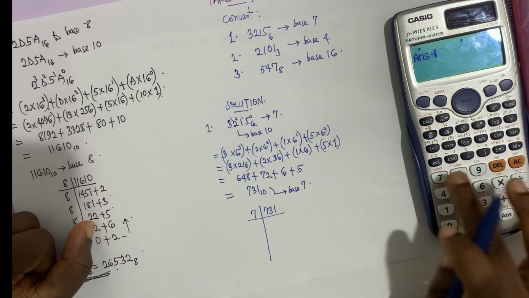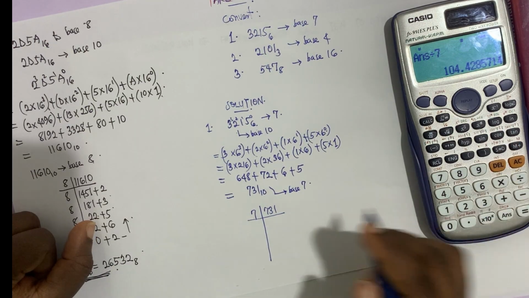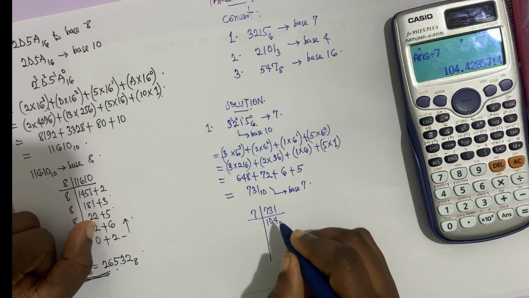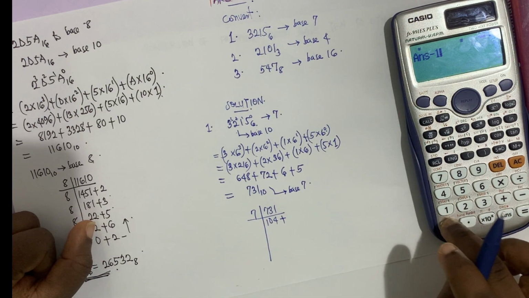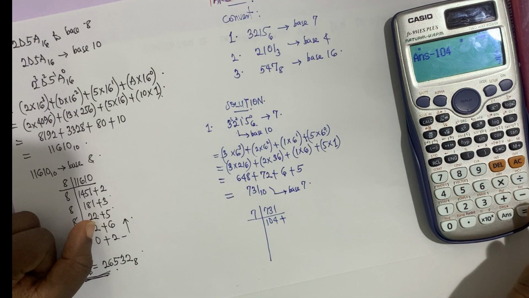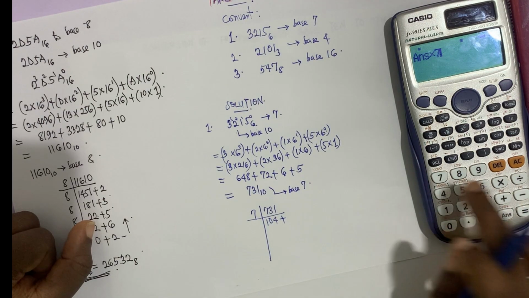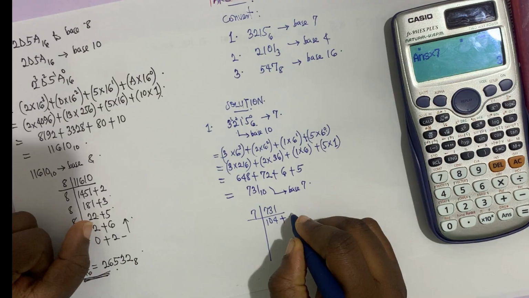731 divided by 7 gives us 104 with a remainder. To get the remainder, subtract 104, the whole number, times 7 from 731, which gives us 3.